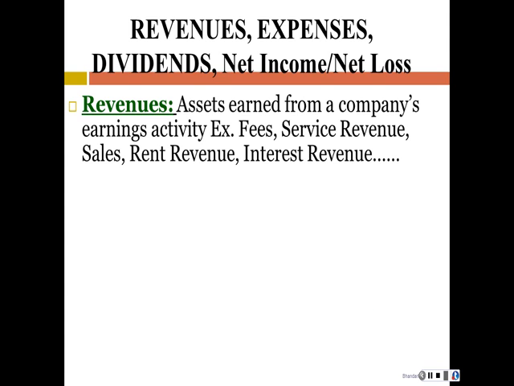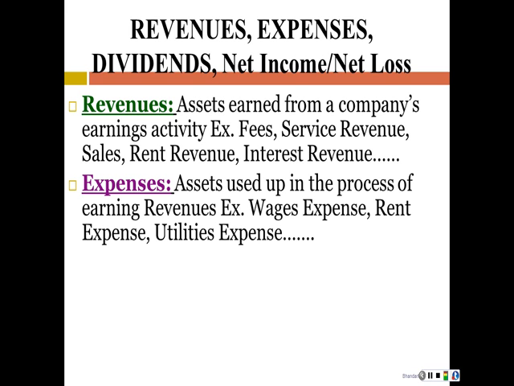For a business that sells products, their revenues are called sales. For a business that rents out property, their revenues are called rent revenue. Or someone who earns interest, the revenue is oftentimes called interest revenue. And once again, this is not a finite list.